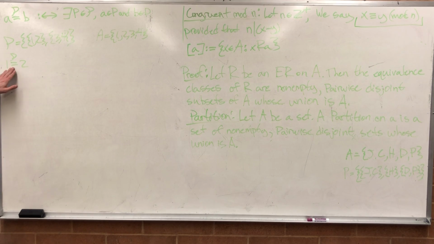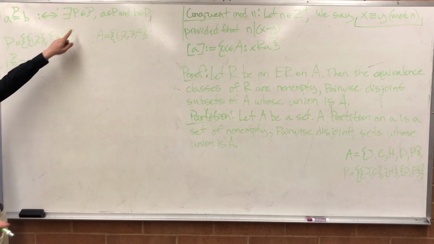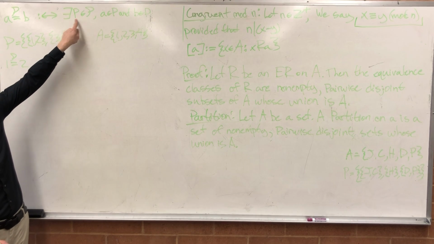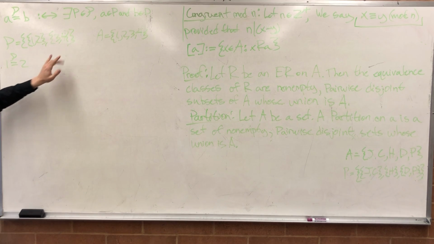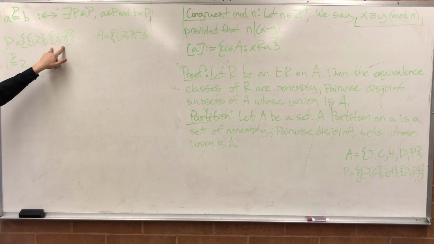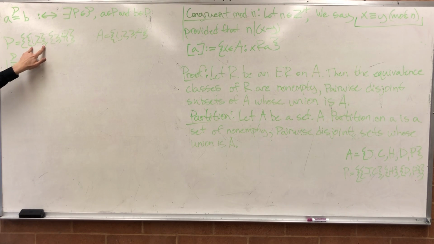Or in other words, 1 is in the same part as 2. Because there exists some set P in our partition. We call the members of our partition parts. So that is a part, that is a part. So there exists a part in our partition containing those two elements. That's what that notation means.